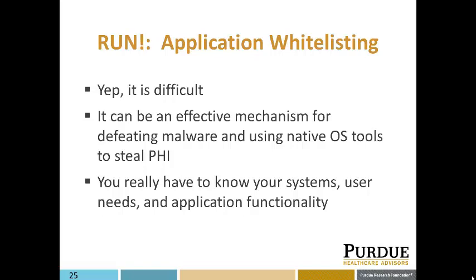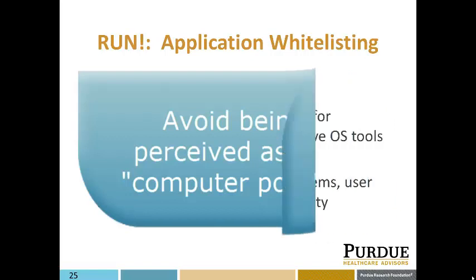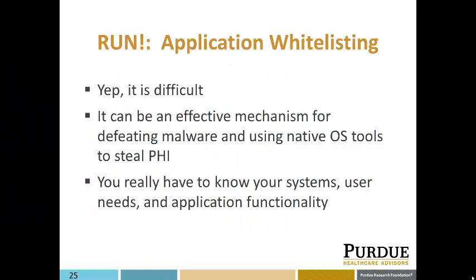And again, security at that point is not an enabler. Security is, we're the computer police, and we're preventing people from getting their job done. So this takes a great deal of research. But once you have that initial list of applications defined, that ad hoc addition to it every time you get a new application is really not that much. The incremental work is much lighter than the initial work.